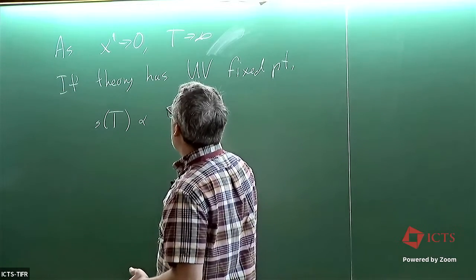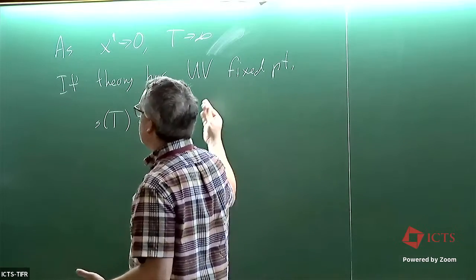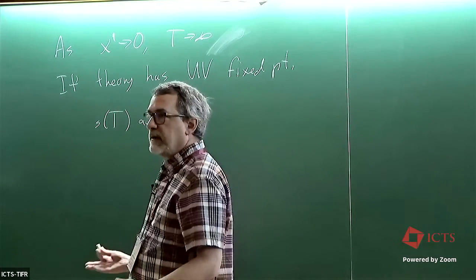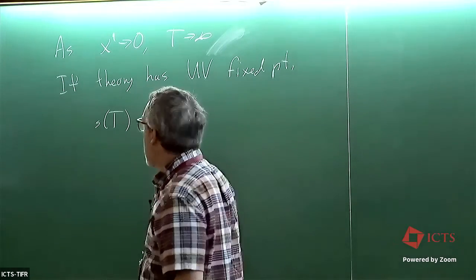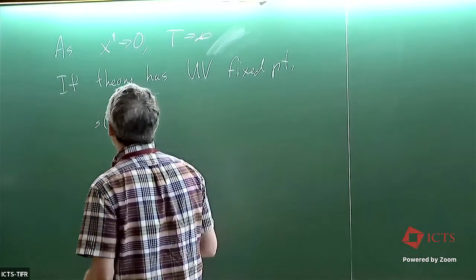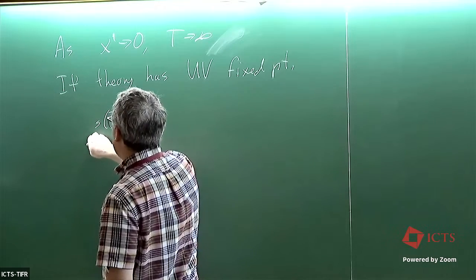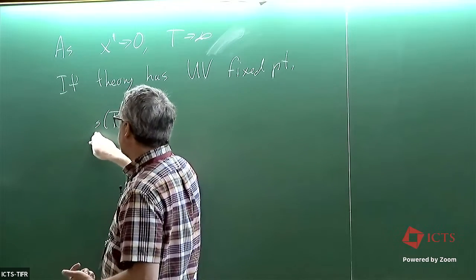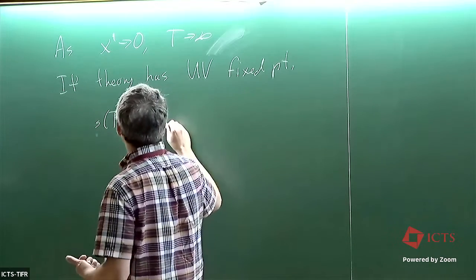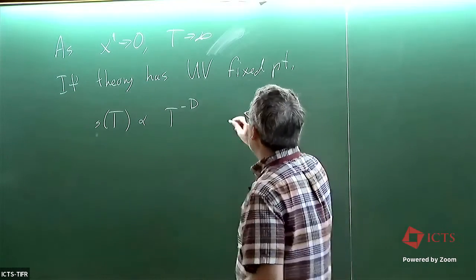So let's say the theory is a massive theory. In the ultraviolet, the mass is irrelevant, and so you can calculate the entropy density without knowing the mass, okay? It's just determined by dimensional analysis, where all you have is the temperature. And since S is a density, it has units of length to the minus d, so this is proportional to t to the d, by dimensional analysis.